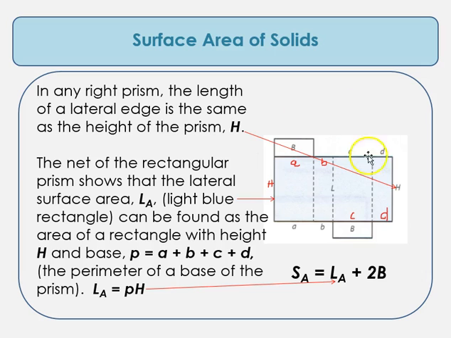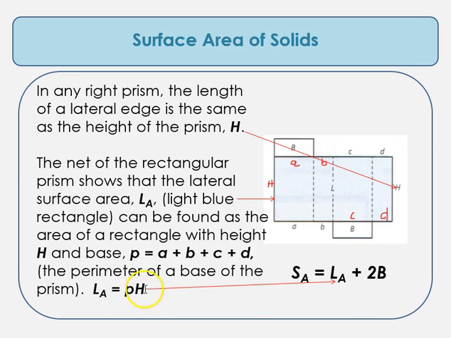So if you don't have one of the prisms where all the sides are the same length on the base, then you will add together the lengths. So the perimeter of the base will equal A plus B plus C plus D. And this changes our formula now from just L sub A to perimeter times the height.